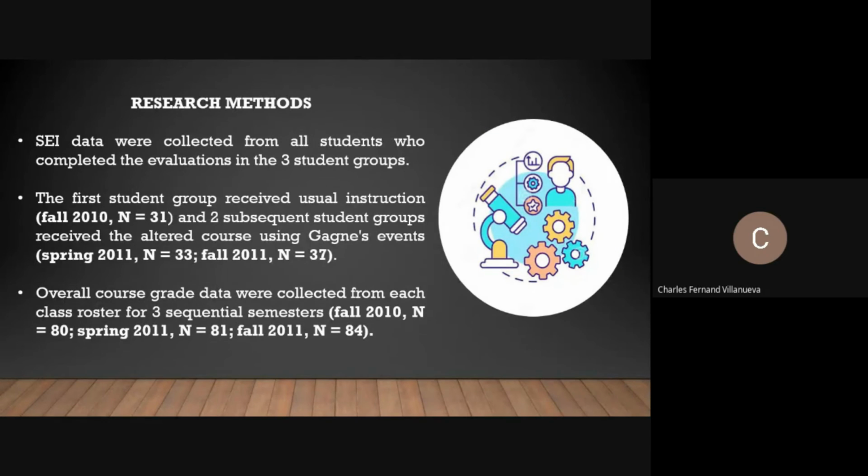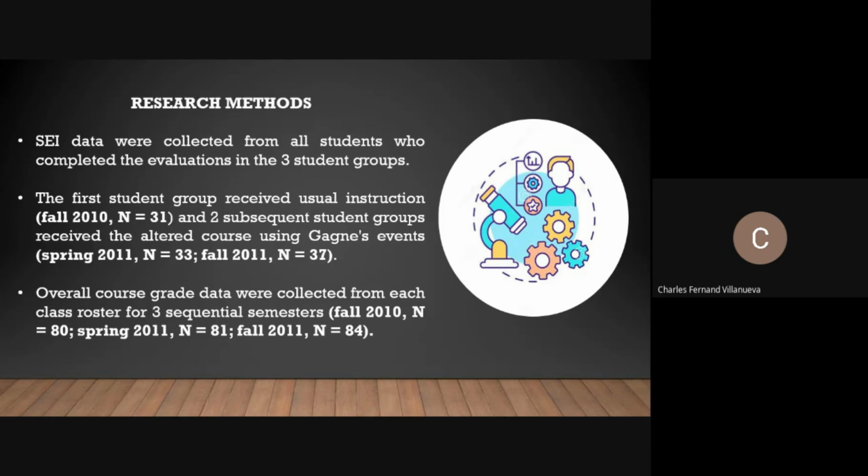The research methods are done by evaluating students via survey. The students were first divided into three groups. The first group was surveyed and received the usual instruction, and the other two groups received a different approach using Gagne's 9 events of instruction.